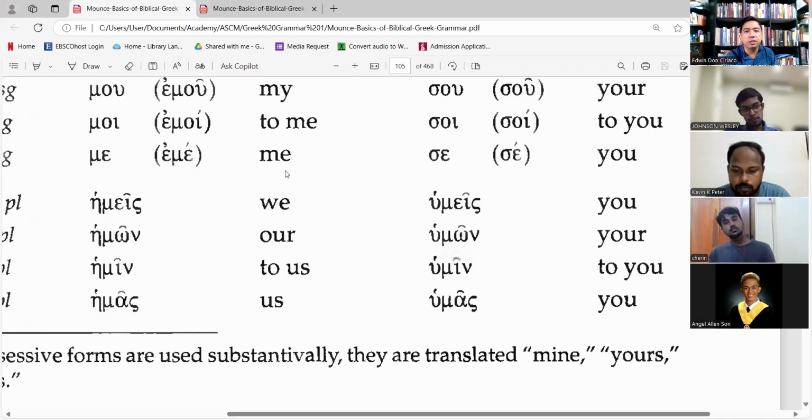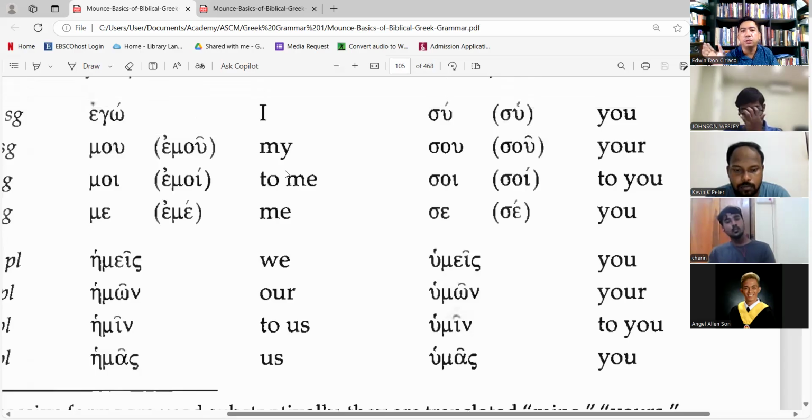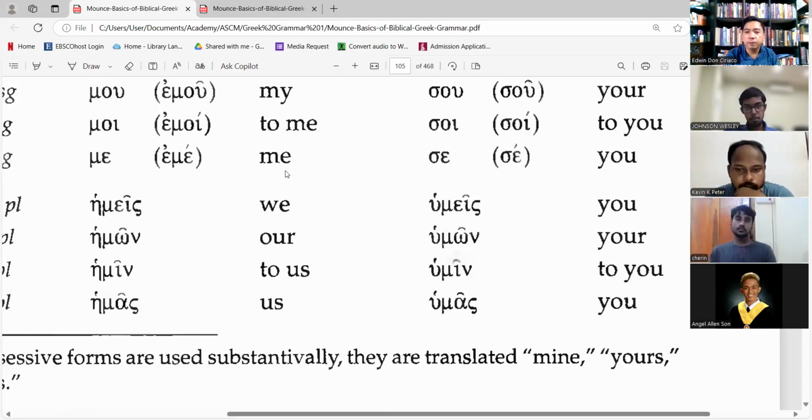Since su, sou, soi is different, it changes to humeis: humeis, humon, humin, humas. Again, the clue is the upsilon. You remember the upsilon referring to you. You will never get lost when you see hemeis because it uses an eta. Hemeis is first person, humeis is second person.